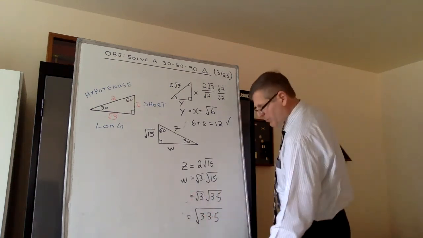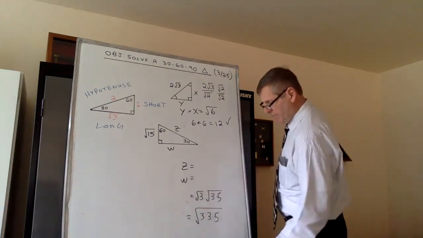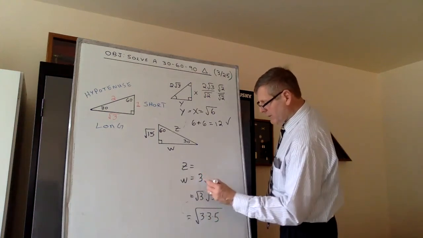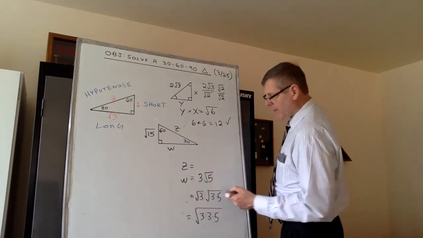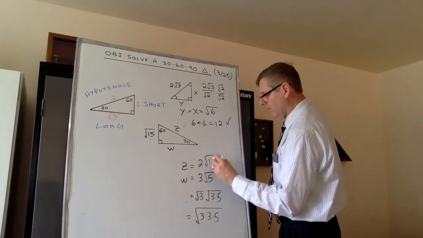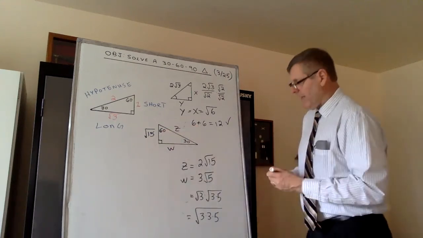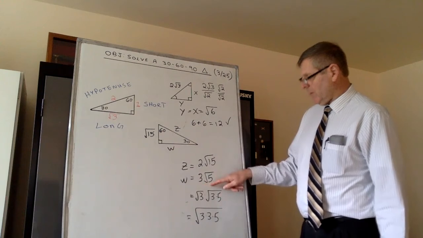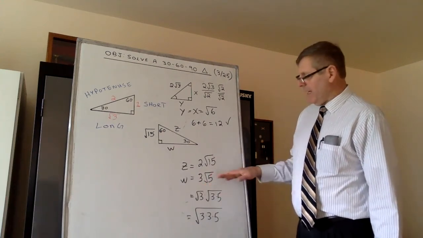And if I factor this perfect square out, I get 3 times the square root of 5 as my final answer for w. And z, simply double this one, is 2 times the square root of 15. Okay, that's the final answer you should be able to get to in simplified form.